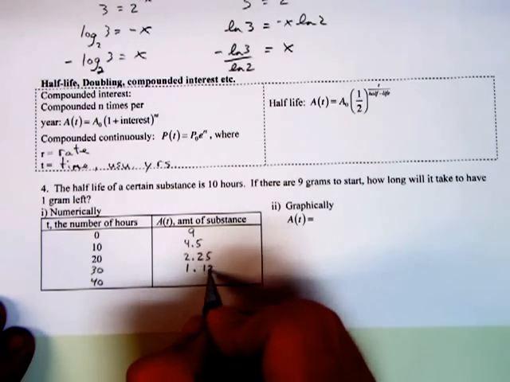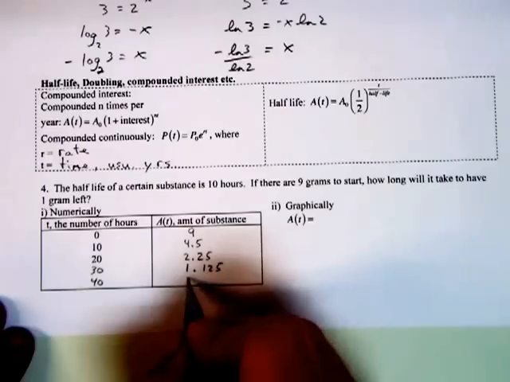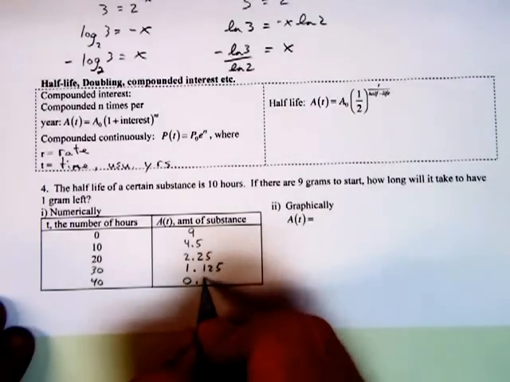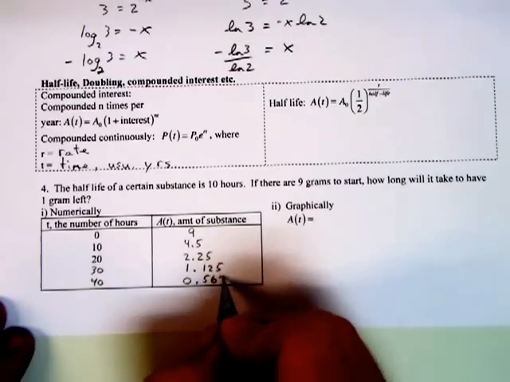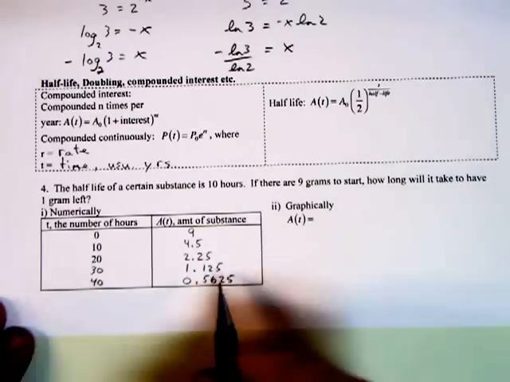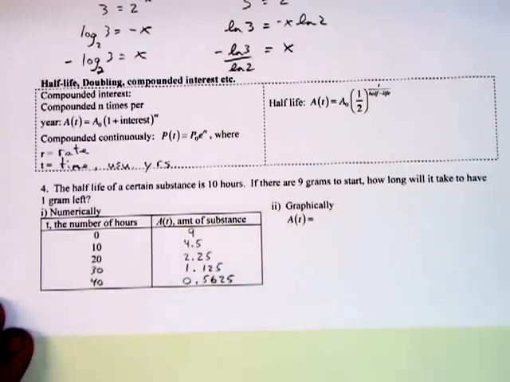This time it'd be 1.125, and 40 would be half of that. Can you figure that out with a calculator? Try to work on that. 0.5625. The 0.5 part is basically our 1, the 0.6 is giving us our 12 there, and then the 2.5 is from the 5.